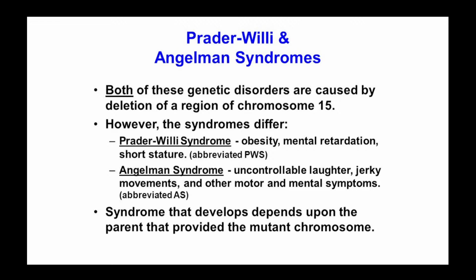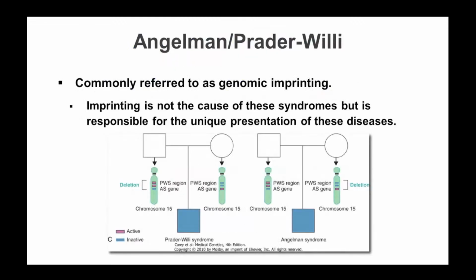The syndrome that develops depends upon the parent who provides the mutant chromosome. Angelman and Prader-Willi syndromes are commonly referred to as genomic imprinting. Imprinting is not the cause of these syndromes, but it is responsible for the unique presentation of the disease.